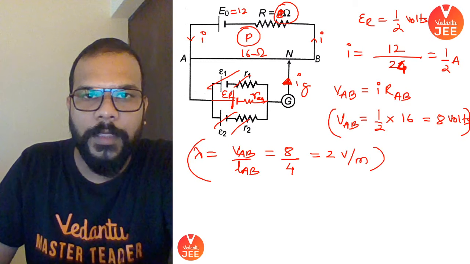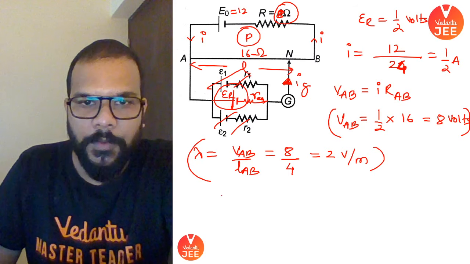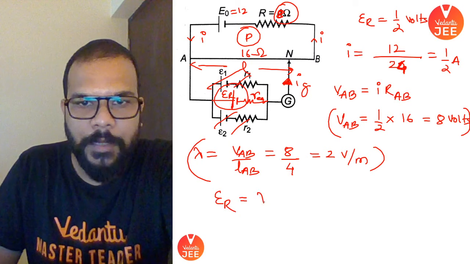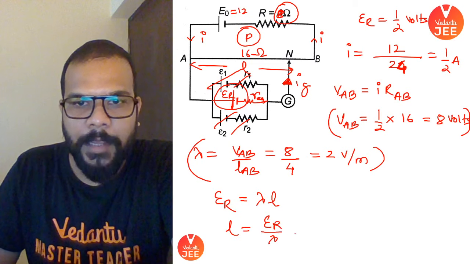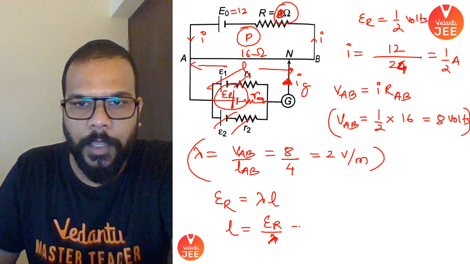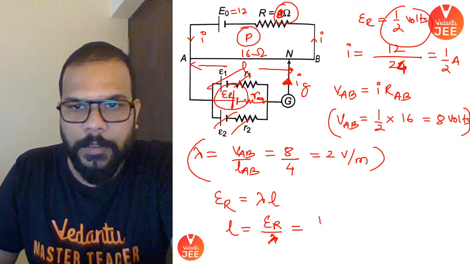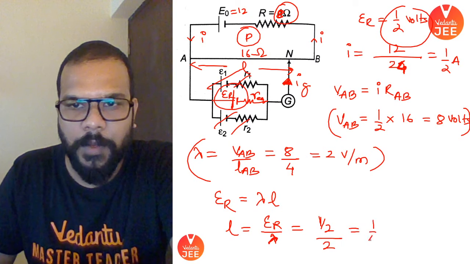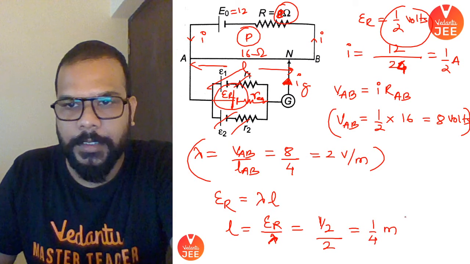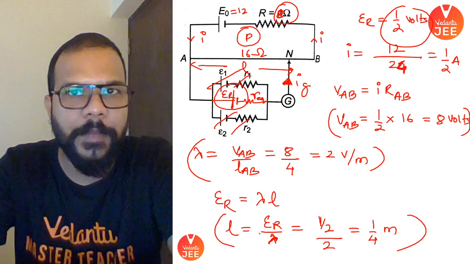Now when this battery is getting balanced for a length L, we can say that ER will be equal to lambda L, and L will be equal to ER by lambda. Okay, so ER we already found here. This value is 1 by 2 volts divided by 2 volts per meter, so it is 1 by 4 meters as the answer that we get, or you can say 25 centimeters.